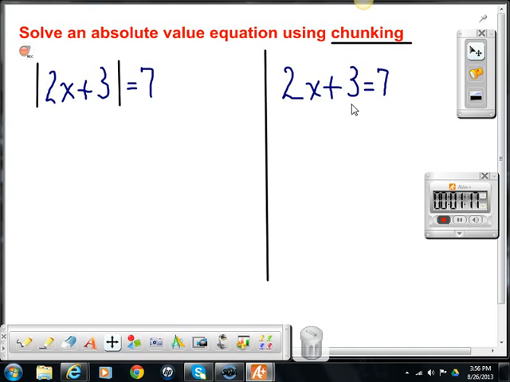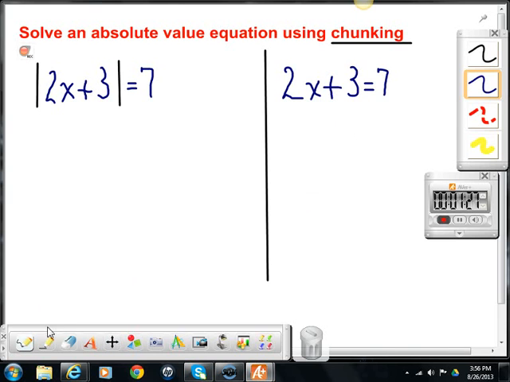So I'm looking at this equation, 2 times some number plus 3 equals 7, and the unknown part is what I identify as the chunk. This chunk plus 3 equals 7.